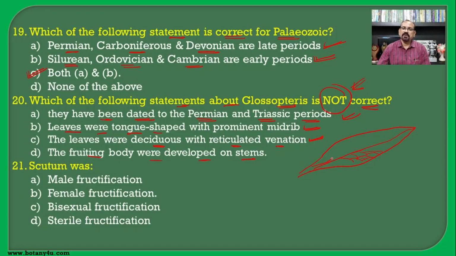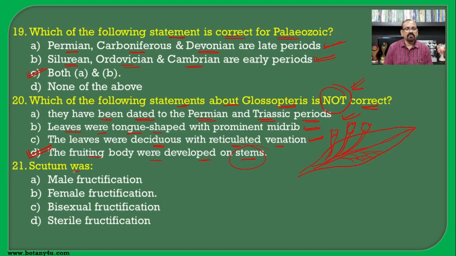But if we observe the fossils of Glossopteris, we find that the fruiting bodies developed from the midrib region. So the statement that they developed from the stems is the wrong one, and hence it is the answer for this question.